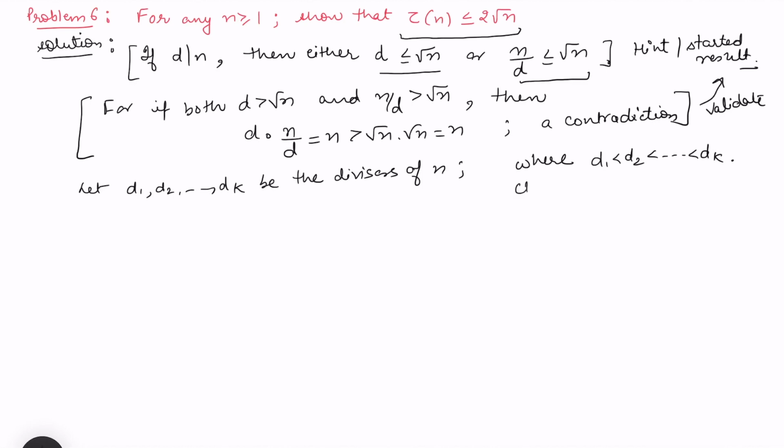Now clearly, because these are the divisors of n, the first divisor has to be 1 and the last divisor has to be n itself.